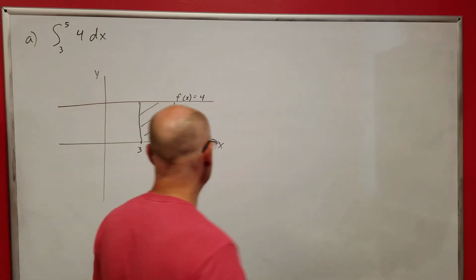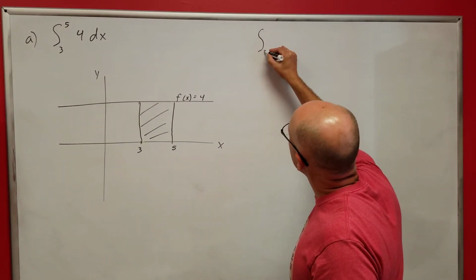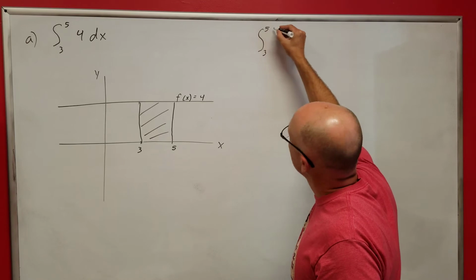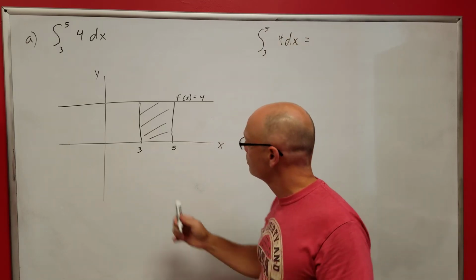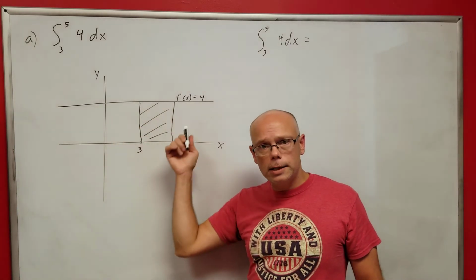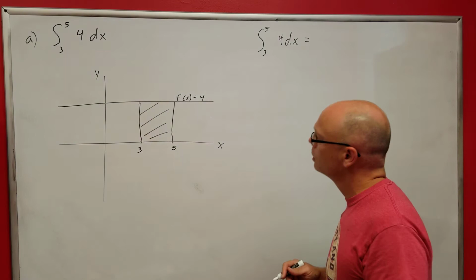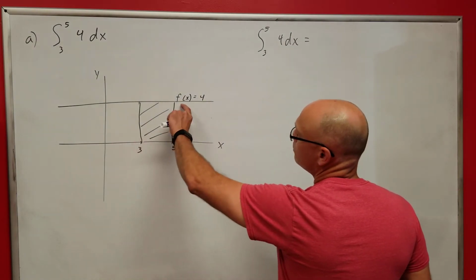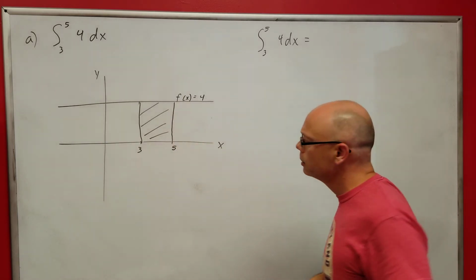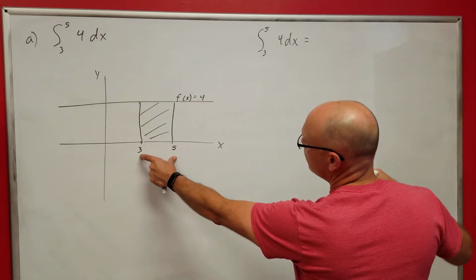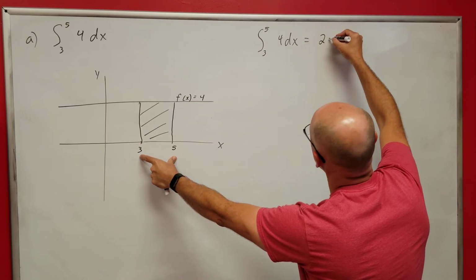So they say use a formula from geometry. So I'm going to say this area from 3 to 5 of 4 dx is given by a rectangle, right? So how do you find the area of a rectangle? Length times width, right? Or we could say width times the height. Now, how wide is this from 5 to 3? Well, that's 2 units, right?